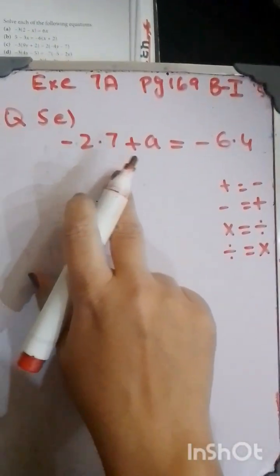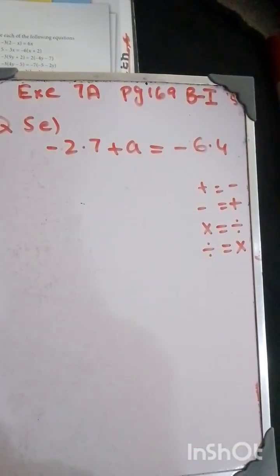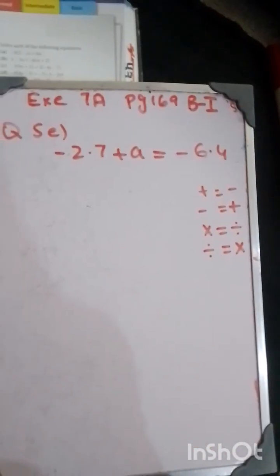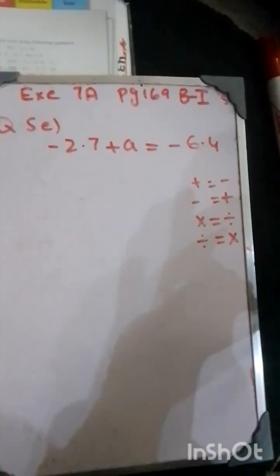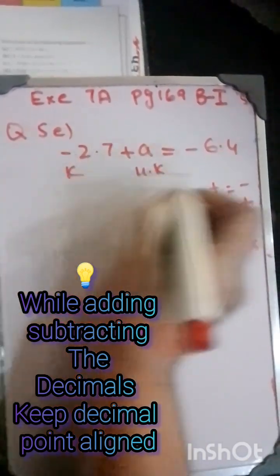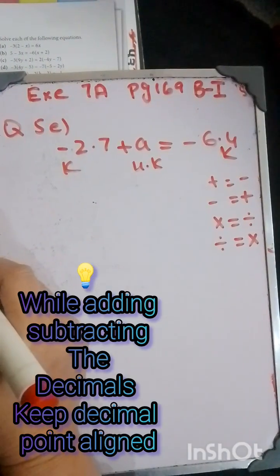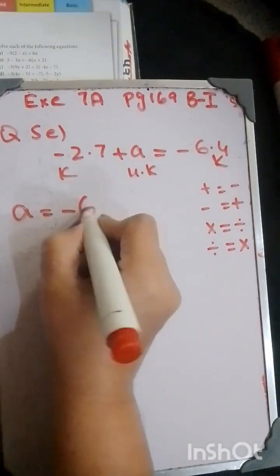Now jumping towards question number 5, and I'm picking up part E, that is a decimal one. Decimal has a simple thing: we have to just keep the decimal point in alignment, right? So 2.7 here with negative sign, and the variable is only 1. So we simply have to add them together and get the answer for the variable.